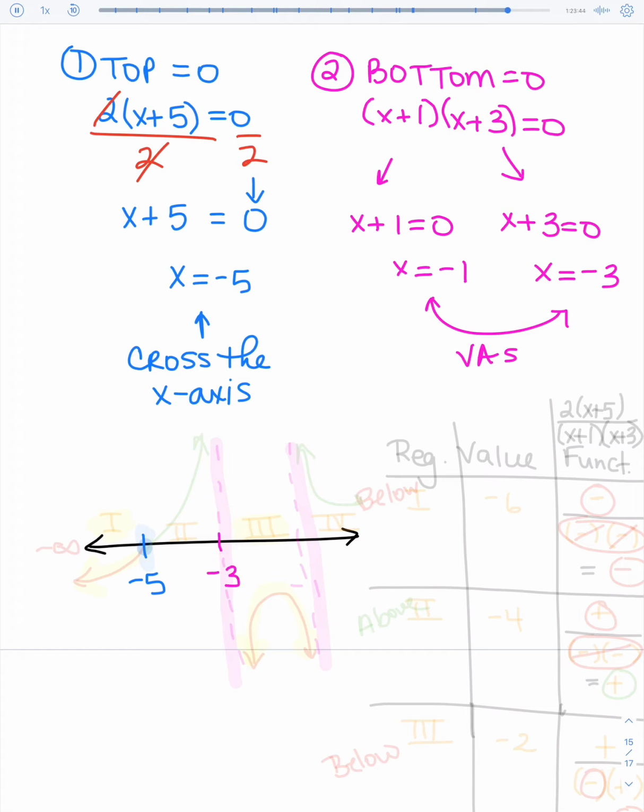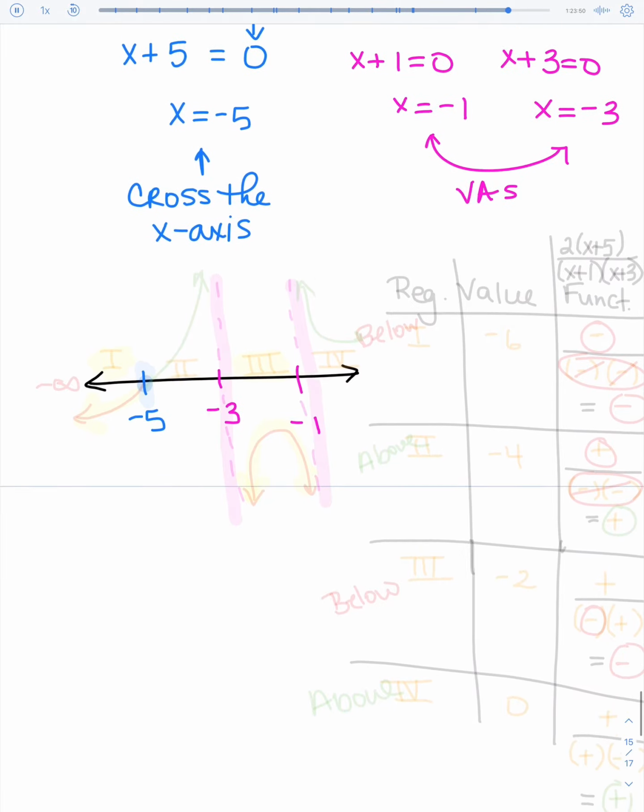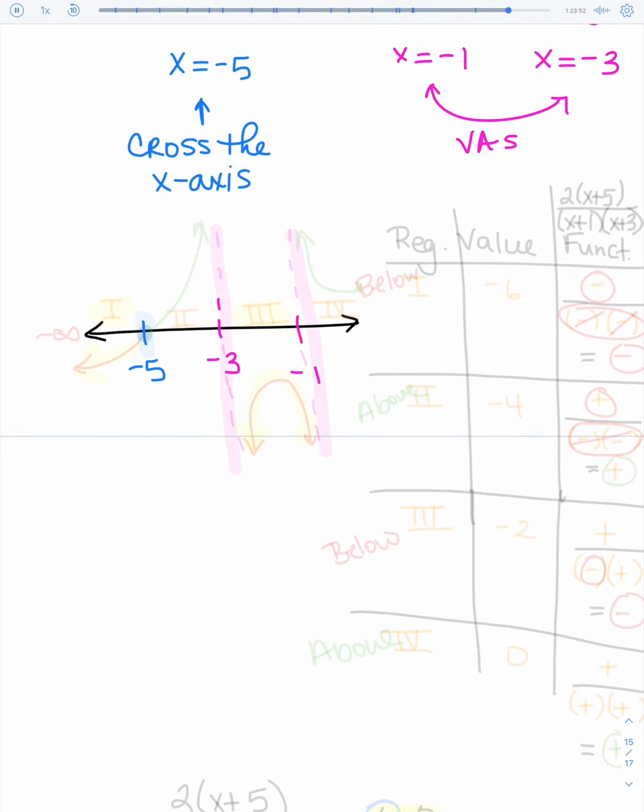Remember, we're working our way from smallest to largest, then negative 1. So 2 of these are vertical asymptotes. That's negative 3 and negative 1, so I'm going to draw them in as such as vertical dotted or dashed lines at negative 3 and negative 1. Remember, negative 5 is where you actually cross the x-axis, so we should have a point there.